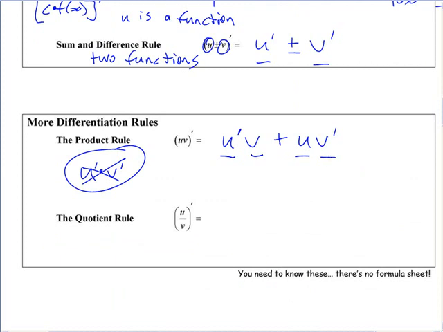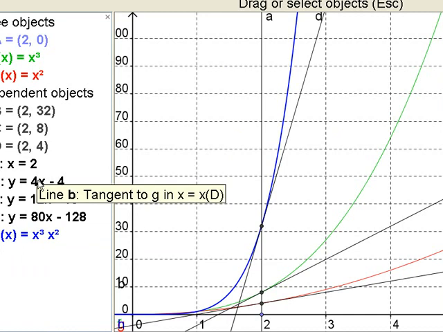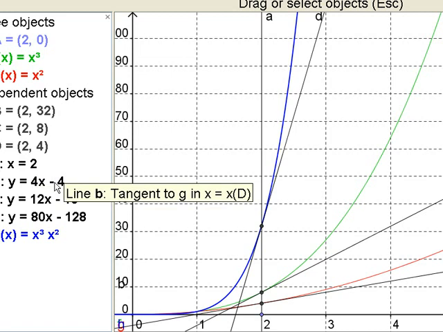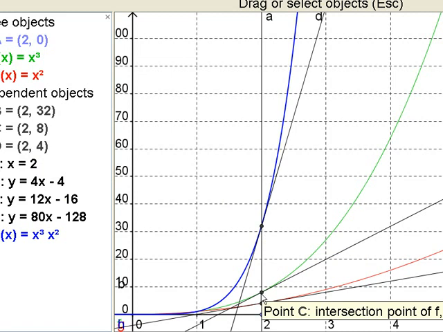If you, in fact, do that for these values, it says take the derivative of the first function, which is this, 4, and times it by the value of the second function.